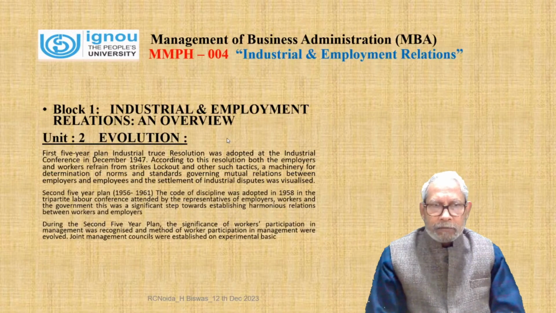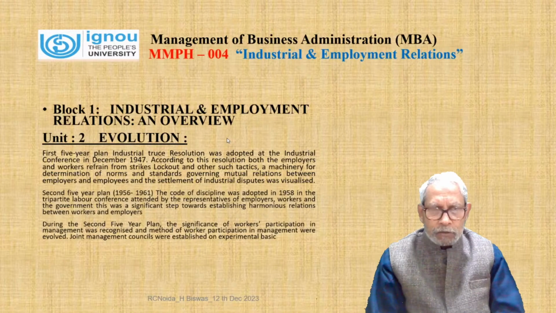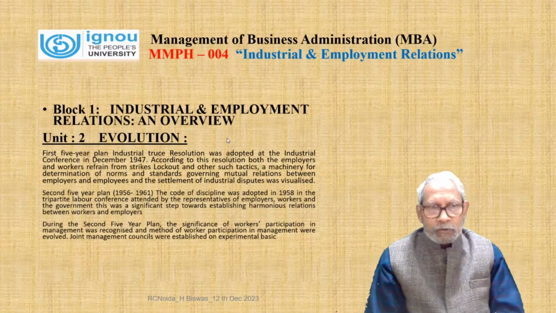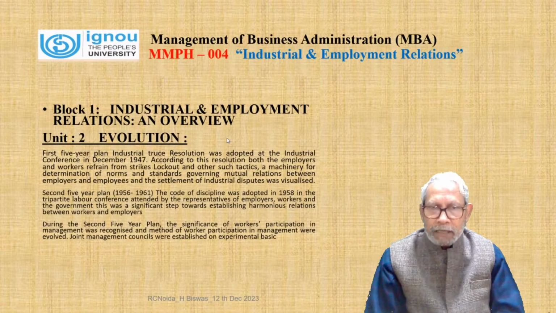In the first five-year plan, the Industrial Truce Resolution was adopted at the industrial conference in December 1947. Some resolutions were passed. According to these resolutions, both the employers and the workers were to refrain from strikes, lockouts, and other such tactics.